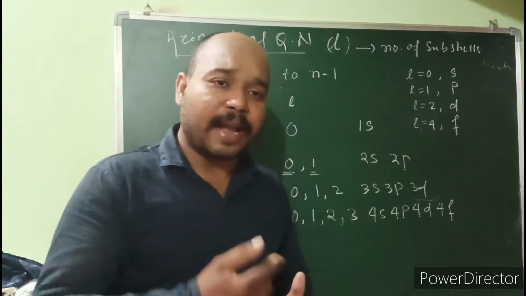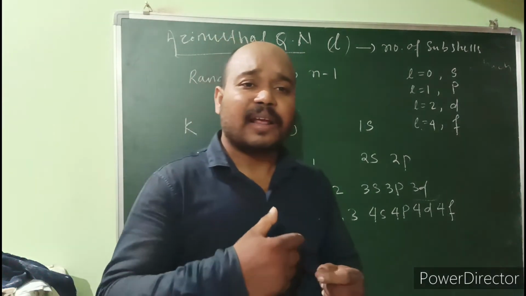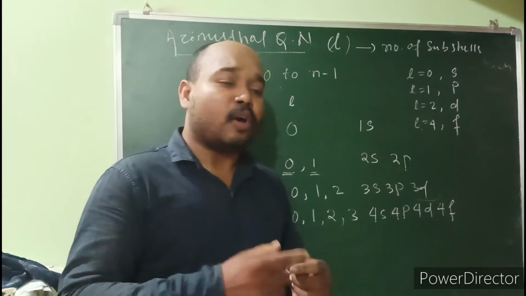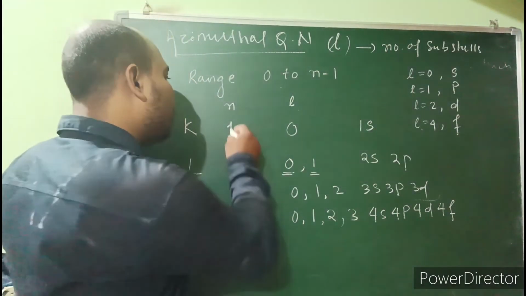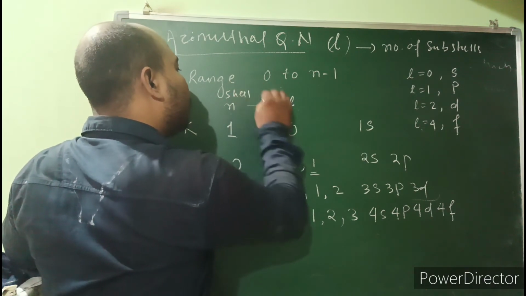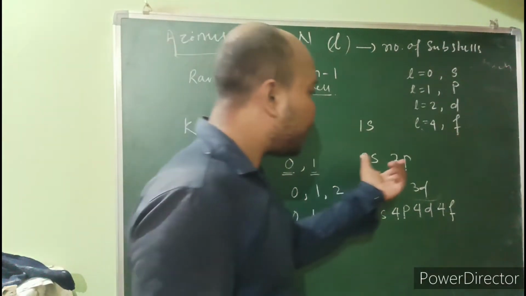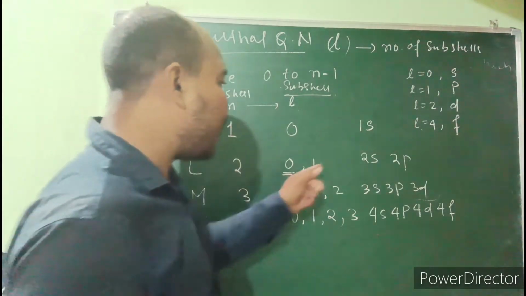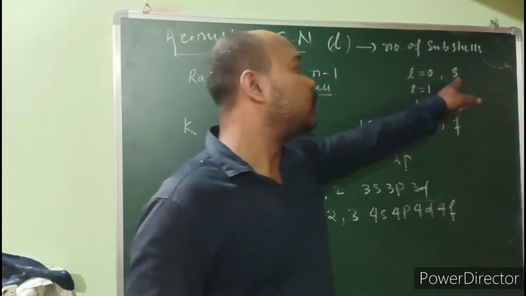To avoid that, Neil Bohr said that the electrons revolve in a particular path, which he called an orbit. Then we further divide that shell into subshells, which we name s, p, d, f. For the s subshell, the azimuthal quantum number, the second quantum number, is 0.